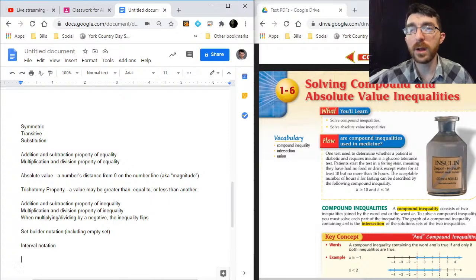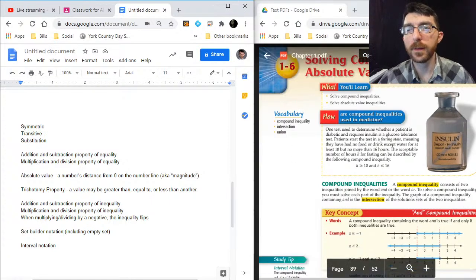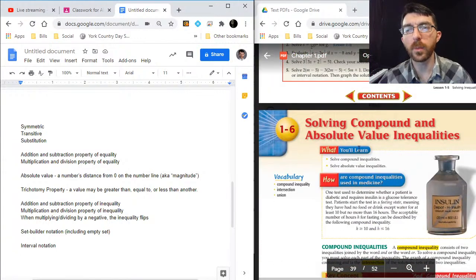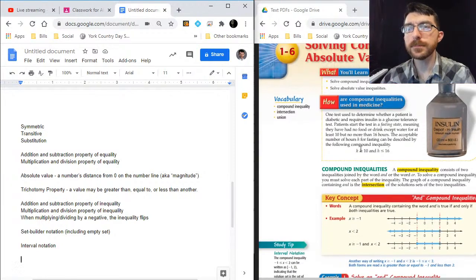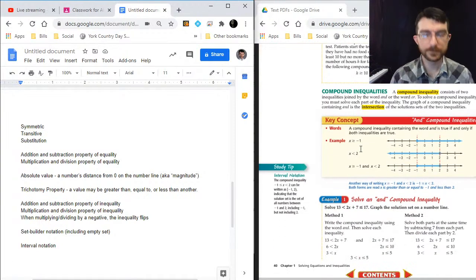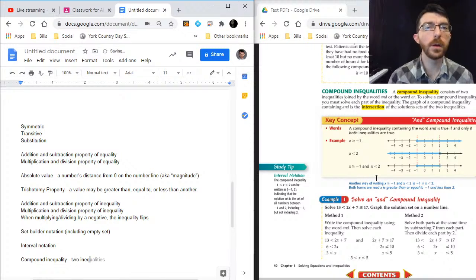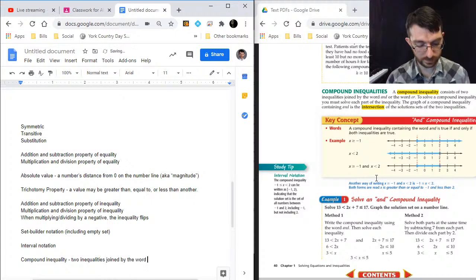Compound inequality. There we go. A compound inequality consists of two inequalities joined by the word and.